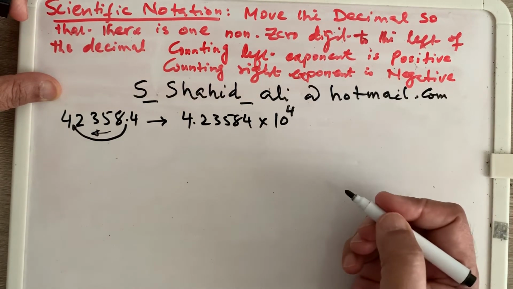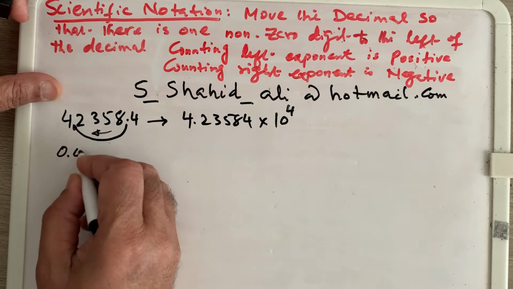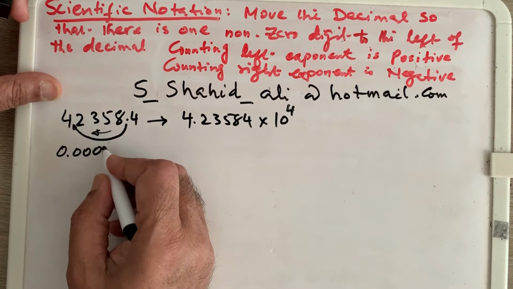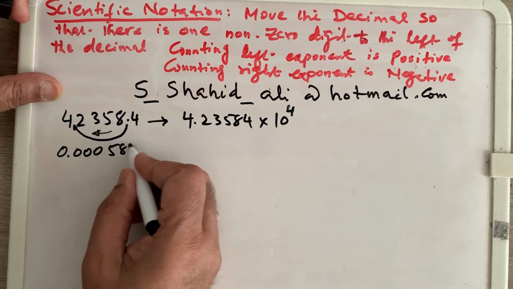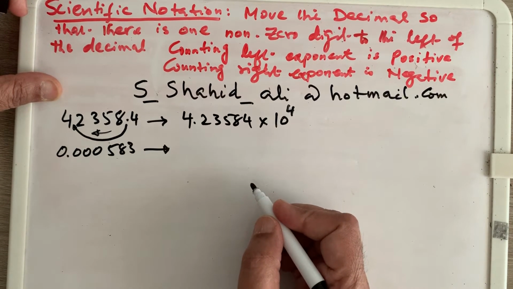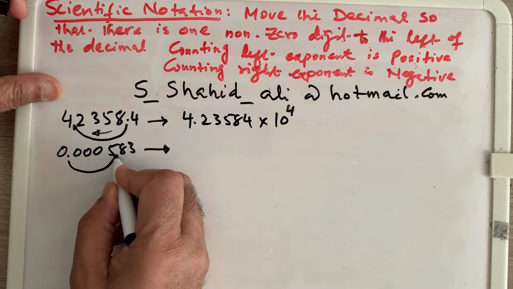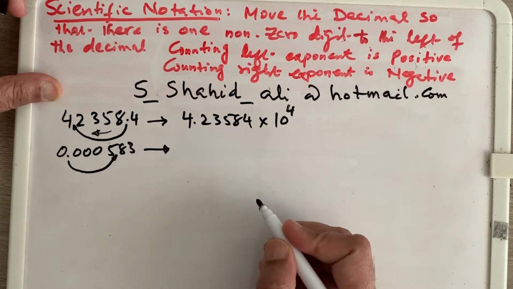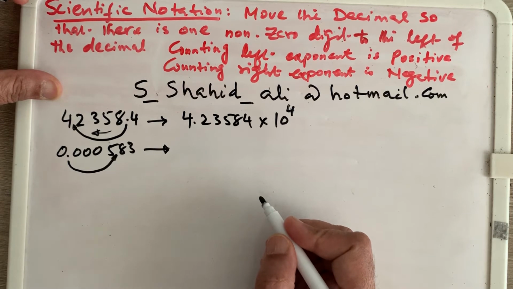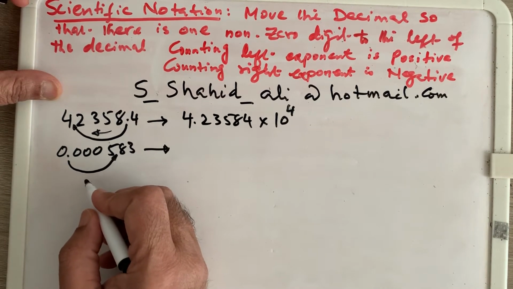So now the next example is, for example, we have a number like this. Any number of zeros you can put, and then check the rule for how to shift the decimal. So move the decimal this time from here to here, because you have to have one digit before the decimal to the left. You have to keep that one digit.